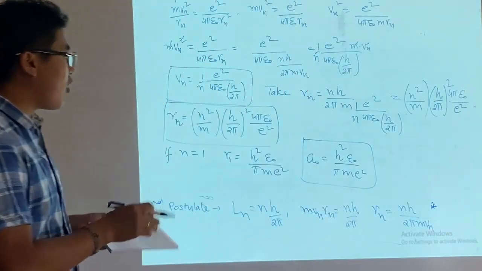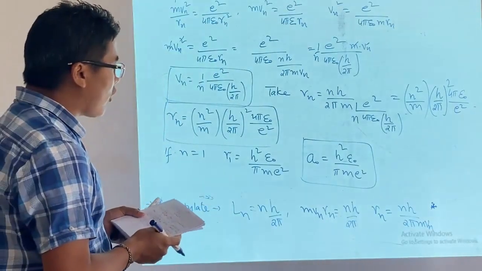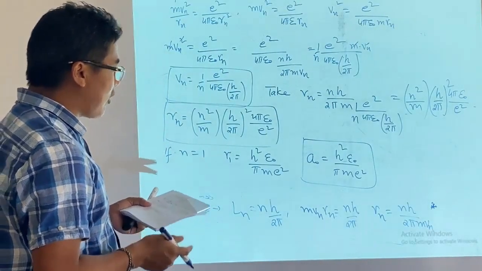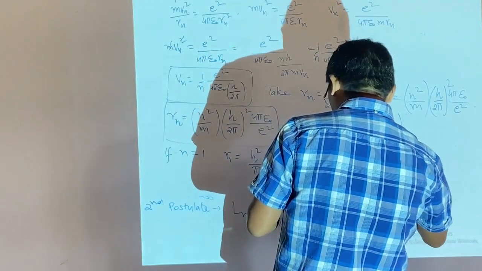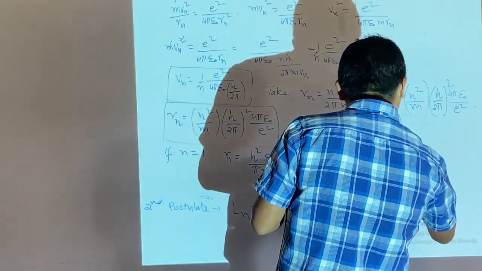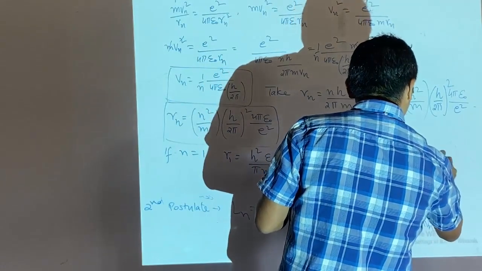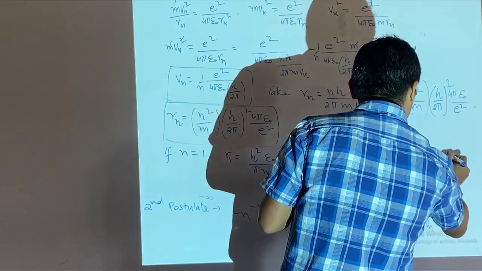When we substitute the values of h, epsilon naught, pi, m, e squared, the value of a naught comes around 5.29 times 10 raised to the power minus 10 meter.